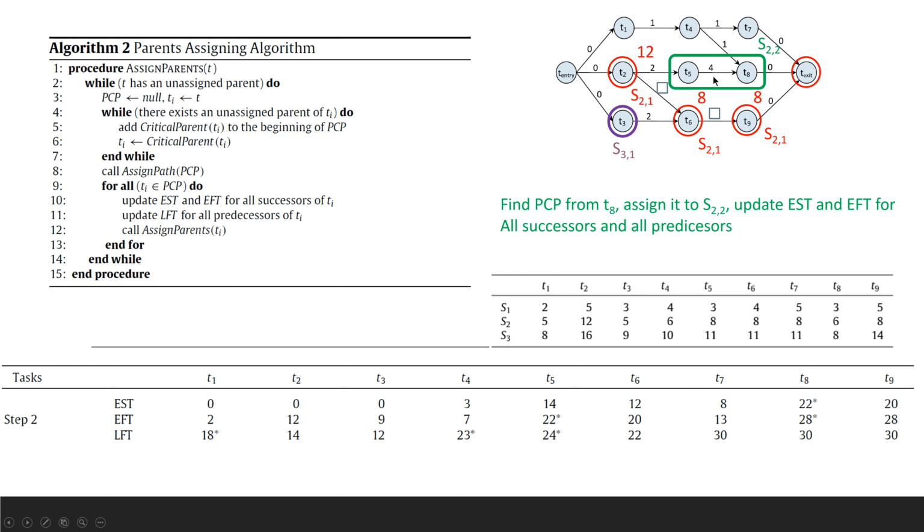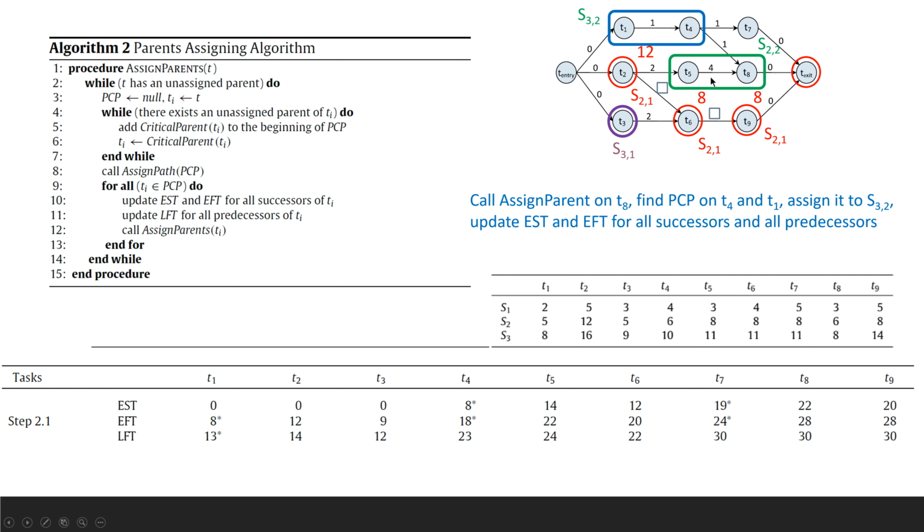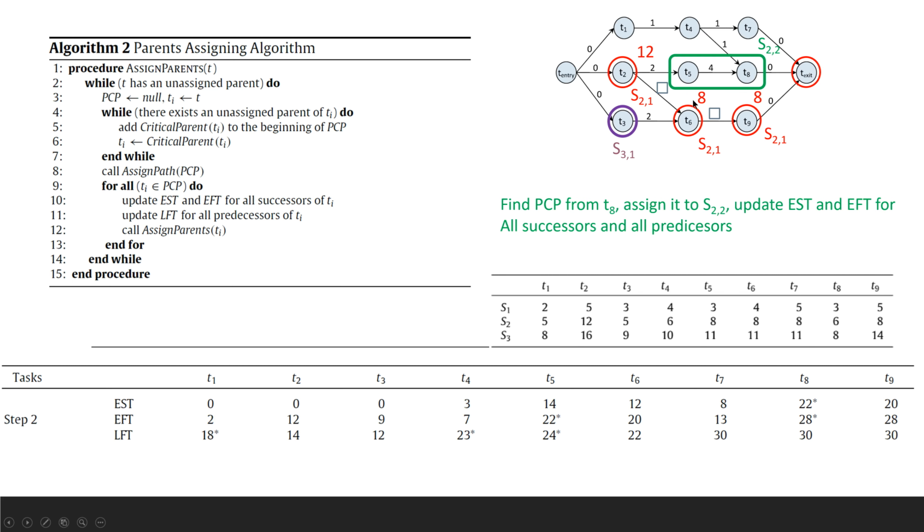In this way, we will find the T8 and T5 as a critical path. And from the critical path of T8, assign it to the S2. And we will also update the EFT, EST of the successors and the LFT for the predecessors.